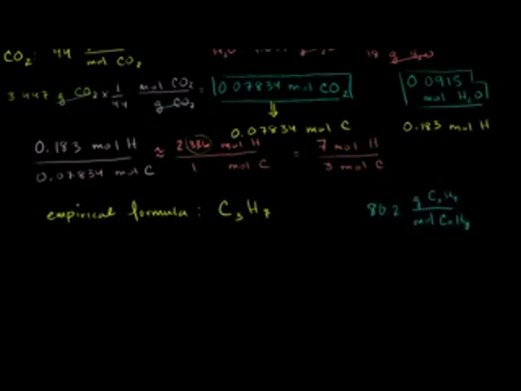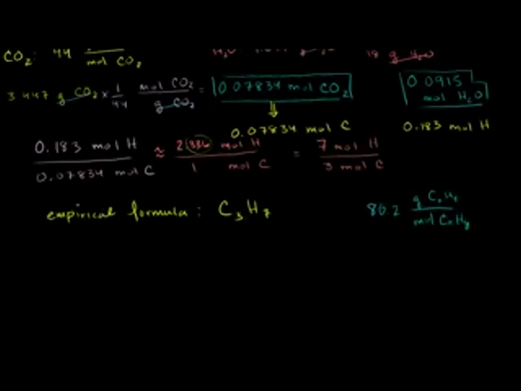So just for kicks, what would be the molar mass if this was the molecular formula? There's a couple of ways. We could do it algebraically, but the simplest way is to say, as it's written right now, what would be the molar mass of this?